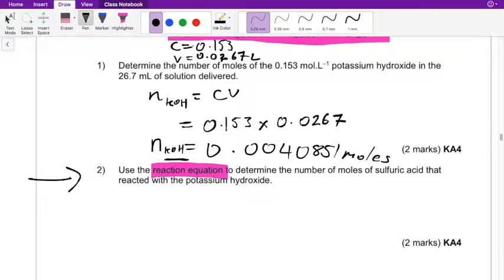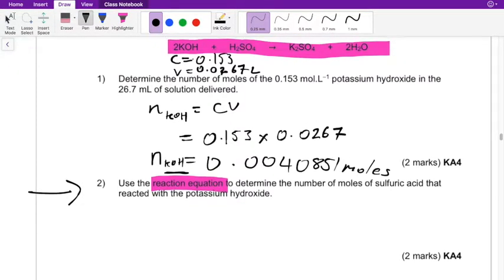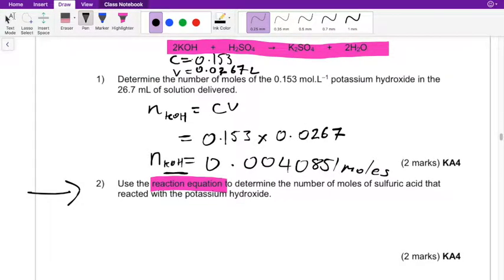So if we look at the reaction equation, we know that the mole ratio of KOH to sulfuric acid, which is H2SO4, is 2 to 1.